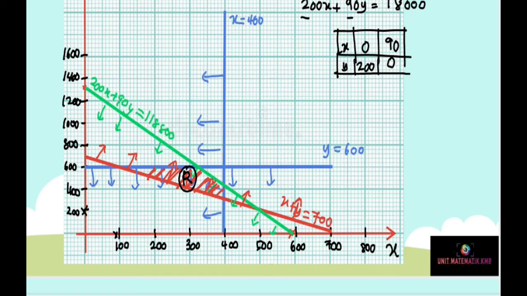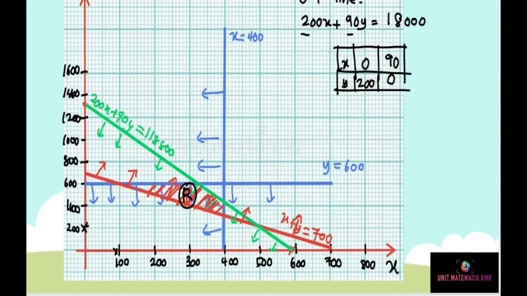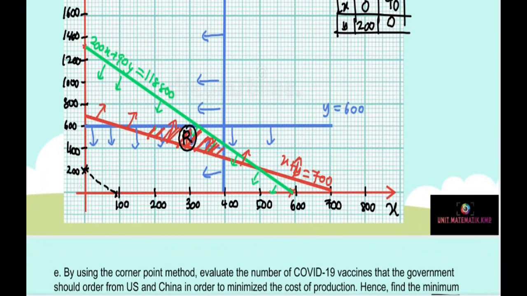Because this is the objective function line, you need to use a dotted line. So this is the objective function line, 200x plus 90y equals 18,000.